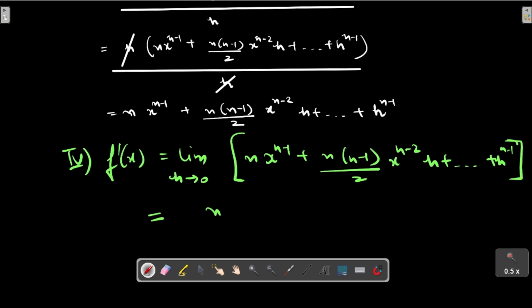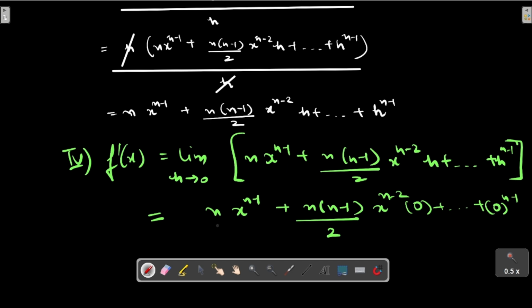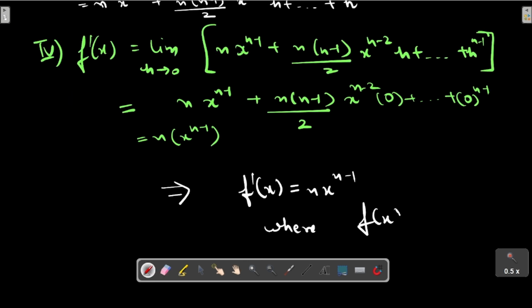So wherever h is there, just sub in 0. So you have n x to the power of n minus 1, right? Because lim h tends to 0 means your h is approximately equal to 0. So that is n x to the power of n minus 1, where your f of x is x to the power of n.